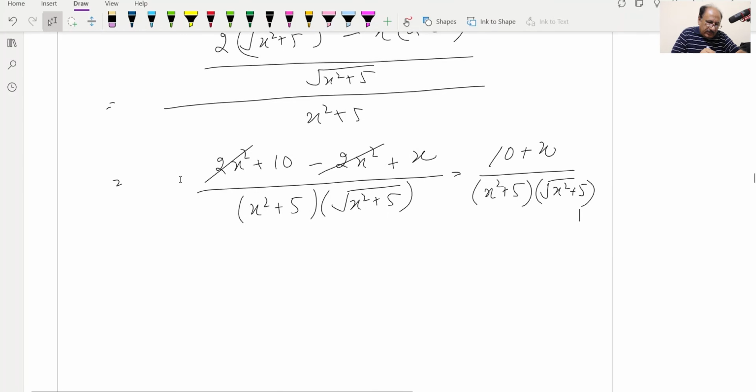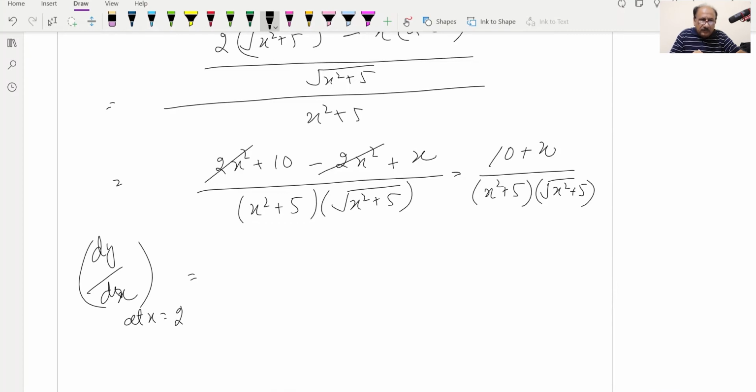Now we can find dy by dx at 2. Dy by dx at x is equal to 2 will be 10 plus 2 over 2 squared plus 5, and this will be under root of 4 plus 5.